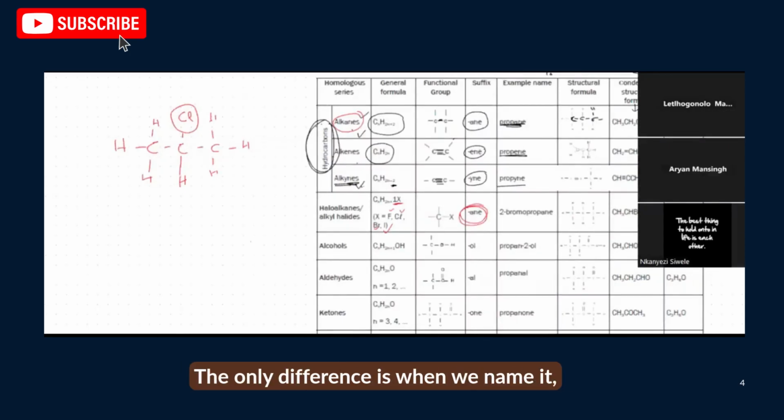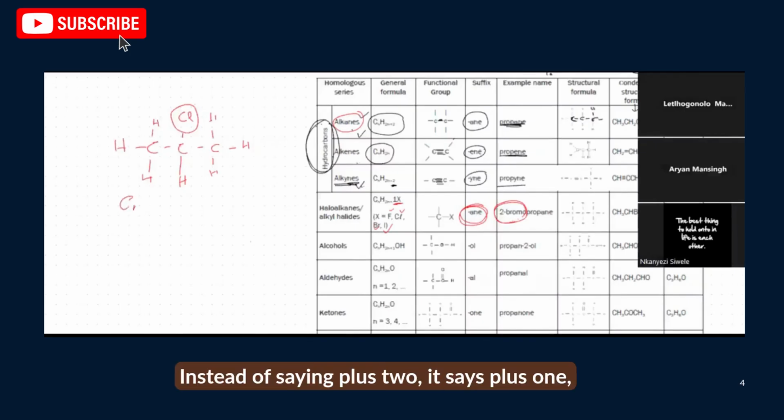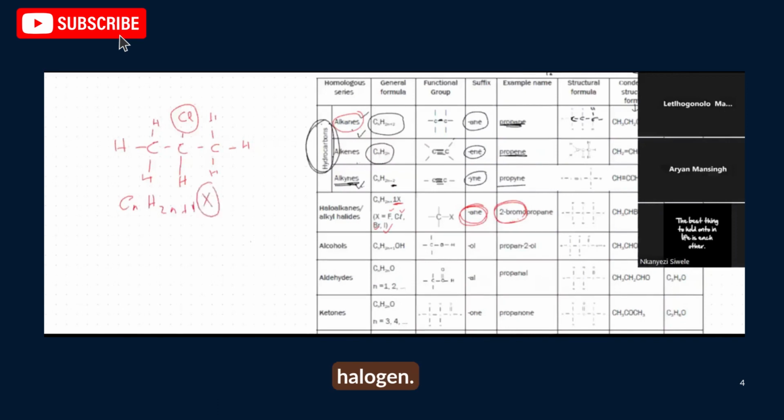The only difference is when we name it, we will see that we have a prefix that tells us where to find that specific halogen that we have substituted in. Okay. And the formula here almost looks like the alkane, but it's not, because it says CnH2n+1 and then we have to add one halogen. Instead of saying +2, it says +1.